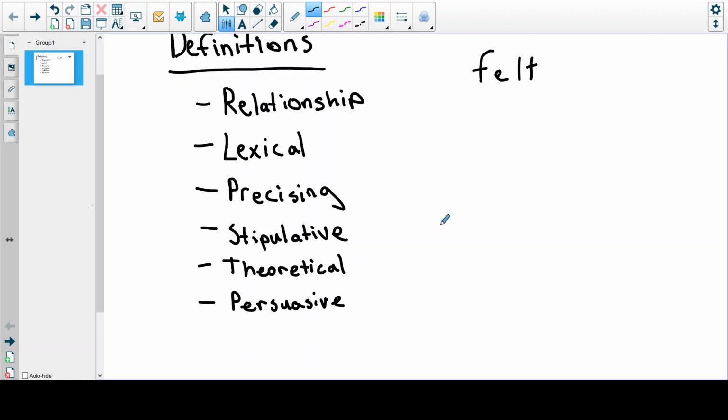The next is theoretical definitions, which is basically creating a new term for the same object, because it's a theoretical object or theoretical concept. Water is a good example. We know what water is, and we've used that word for a long time throughout languages, but you can also define it as H2O.